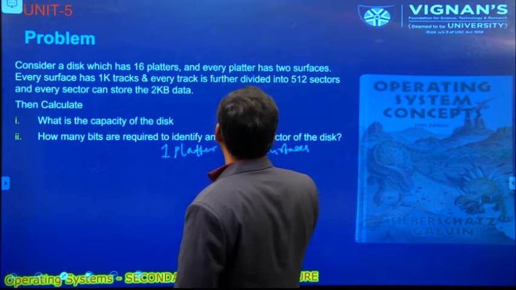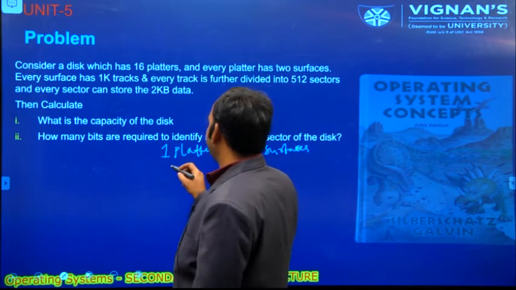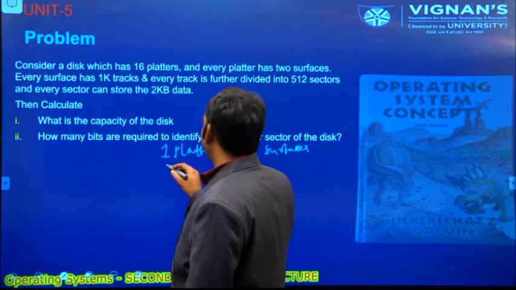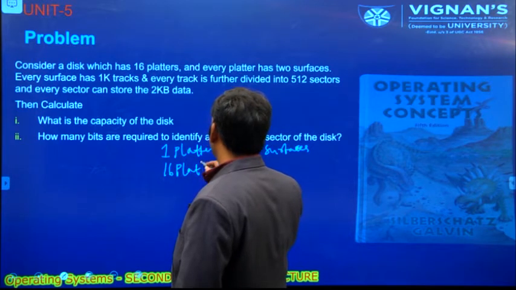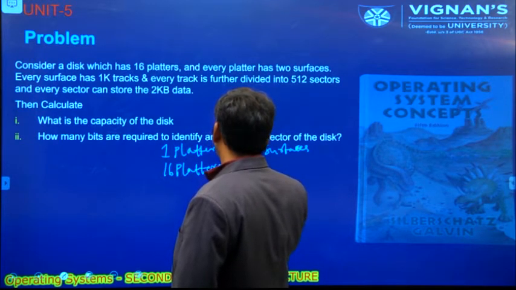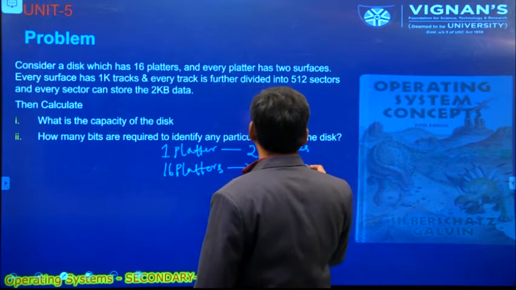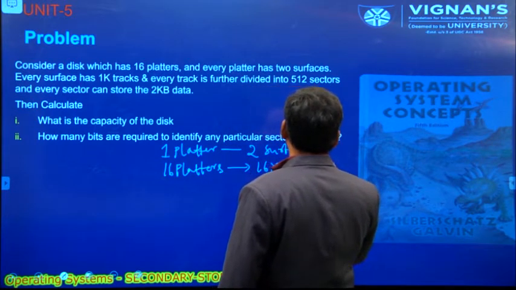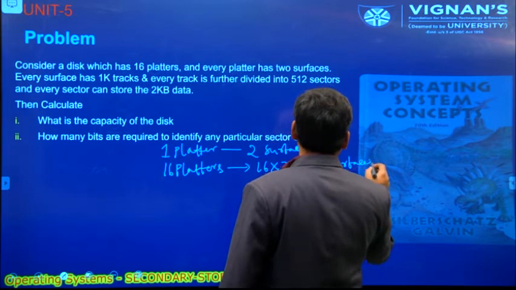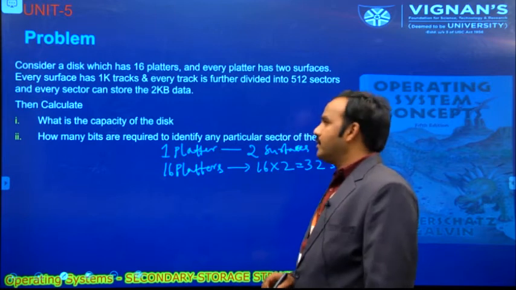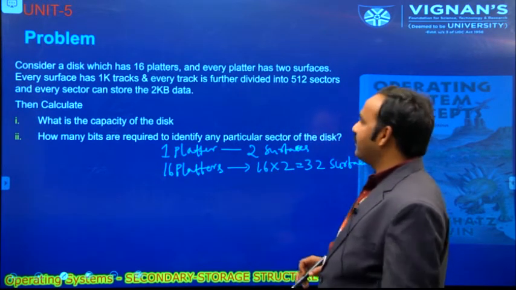So 16 into 2 means 32 surfaces in total.